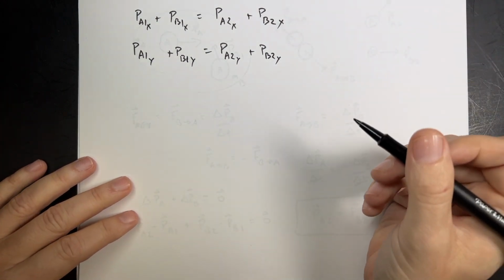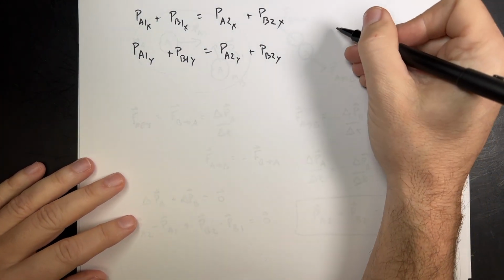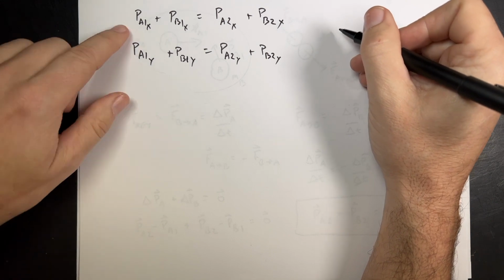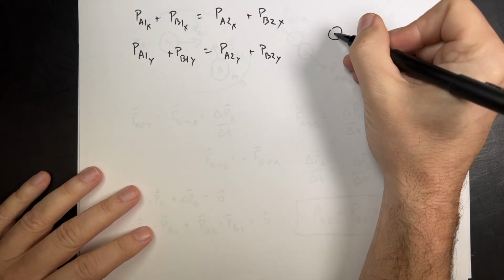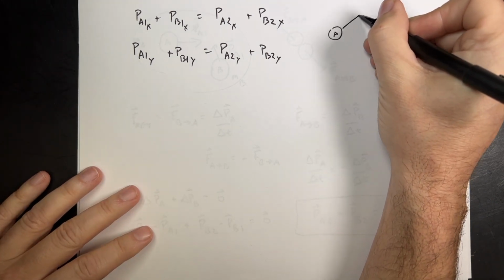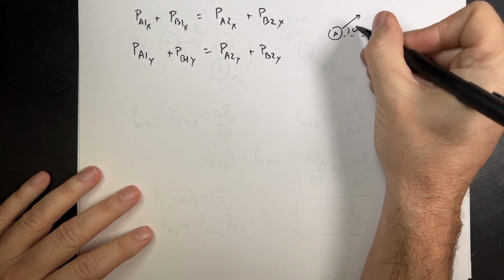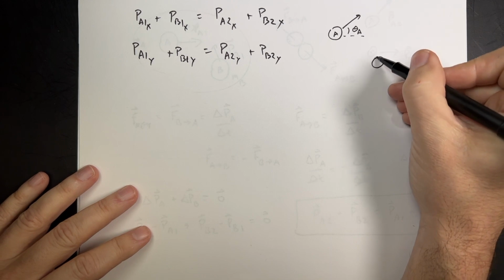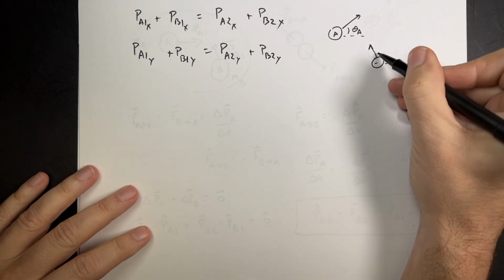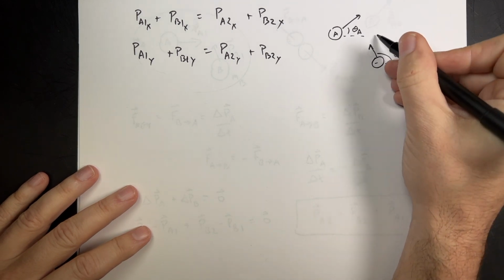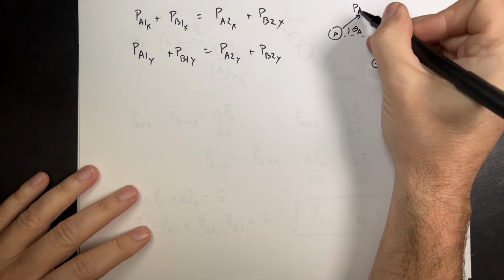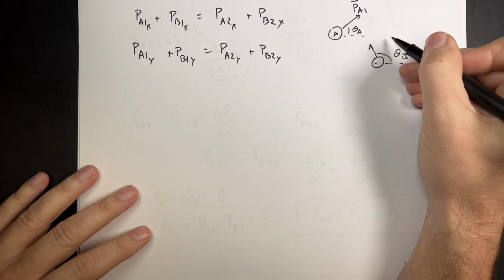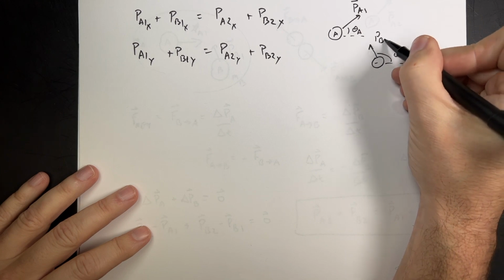And maybe you want to get this in terms of angles. So let's just say I have this. I'm just going to draw the initial. I'm going to say here's A, and it's going this way, and this is going to be theta A, and then B is going this way, and that's theta B. So this is P A1, P B1.